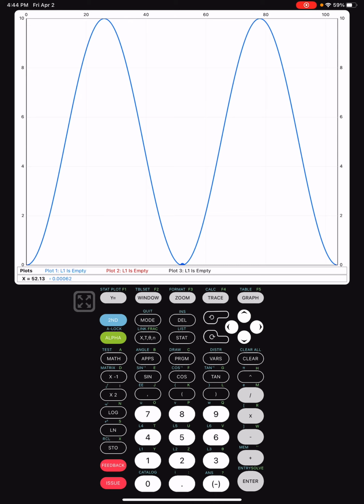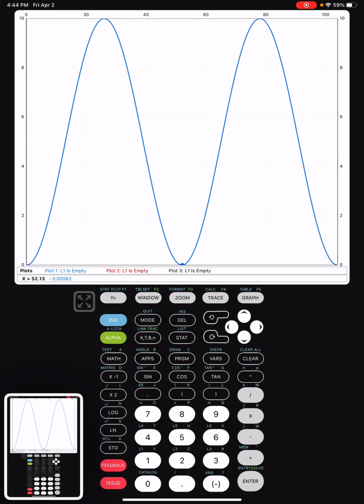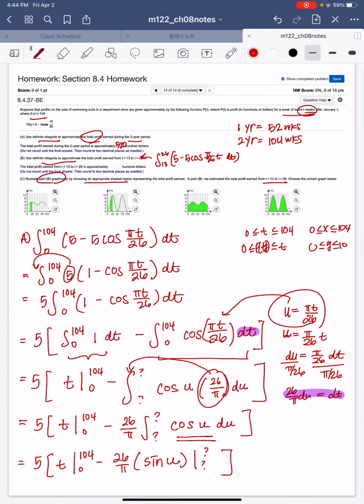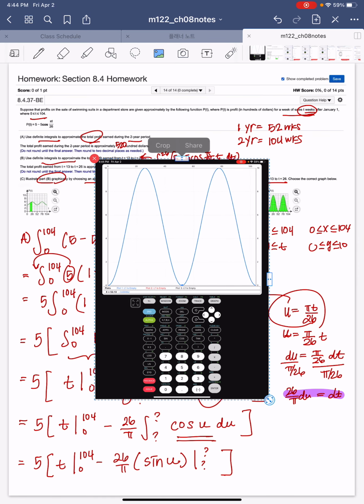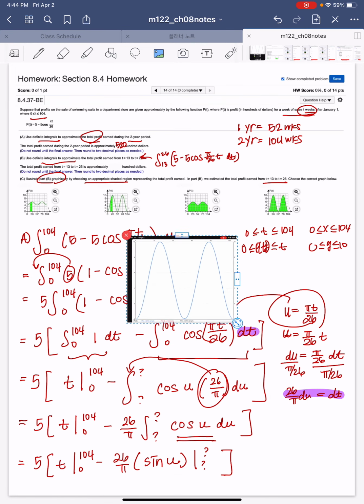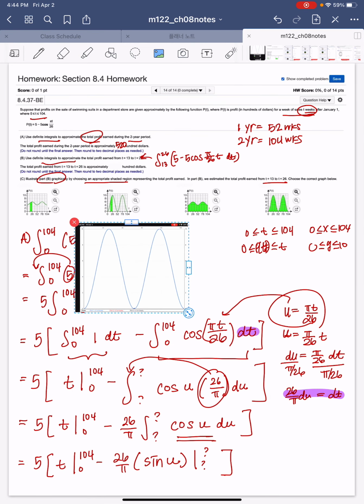So let's copy this, and then let's pull that out. Let's take a look at which one is the best match. I'm looking at this one here. I know I can eliminate this one. It's either this or this.